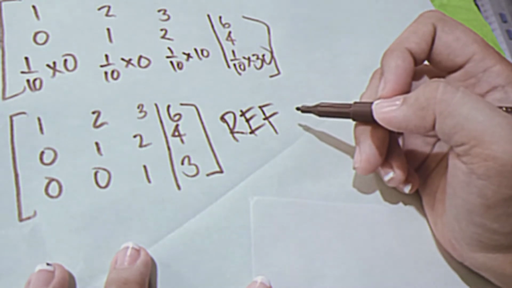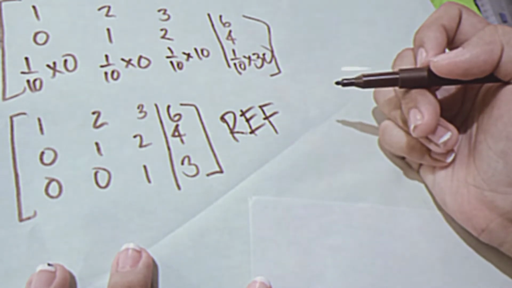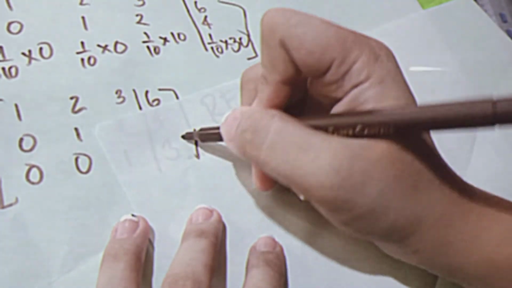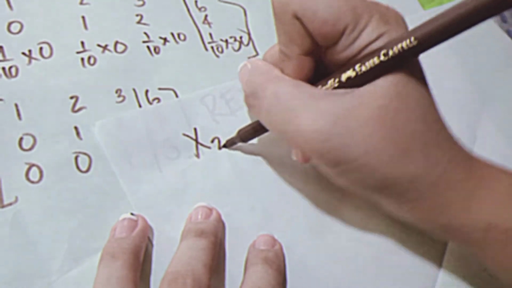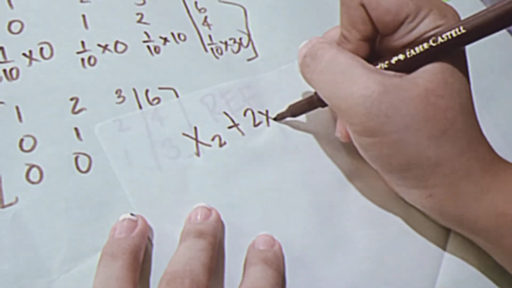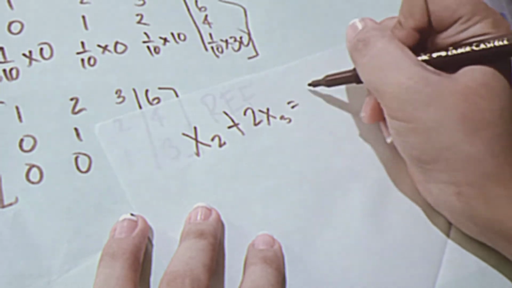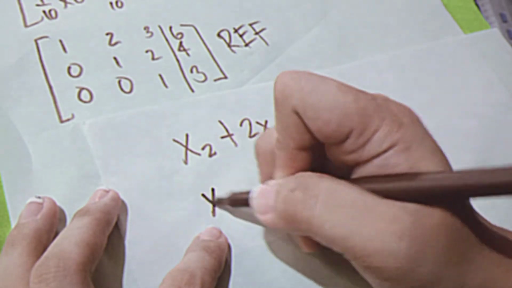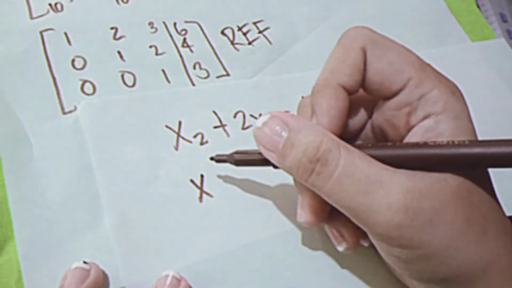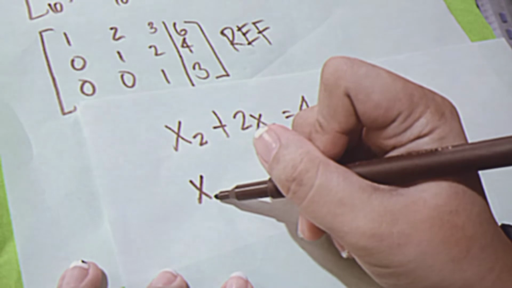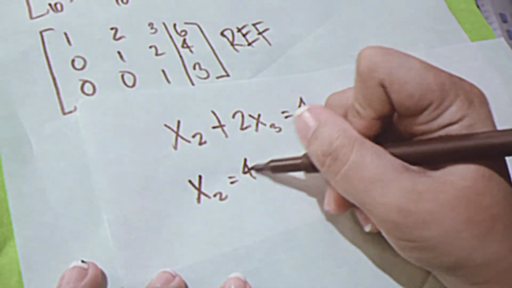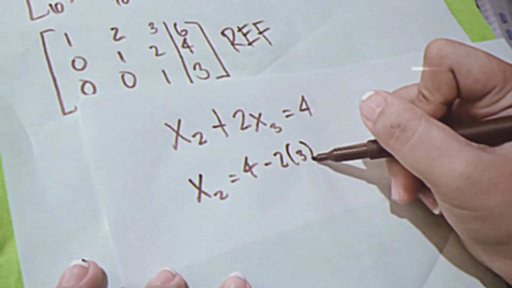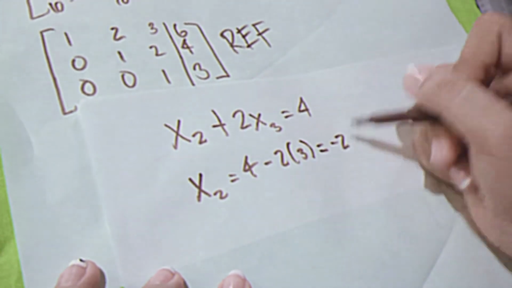This means that from row 3, x3 equals 3, and from the second row is x2 plus 2x3 equals 4. So we need to substitute. x2 equals 4 minus 2 times 3, then negative 2.